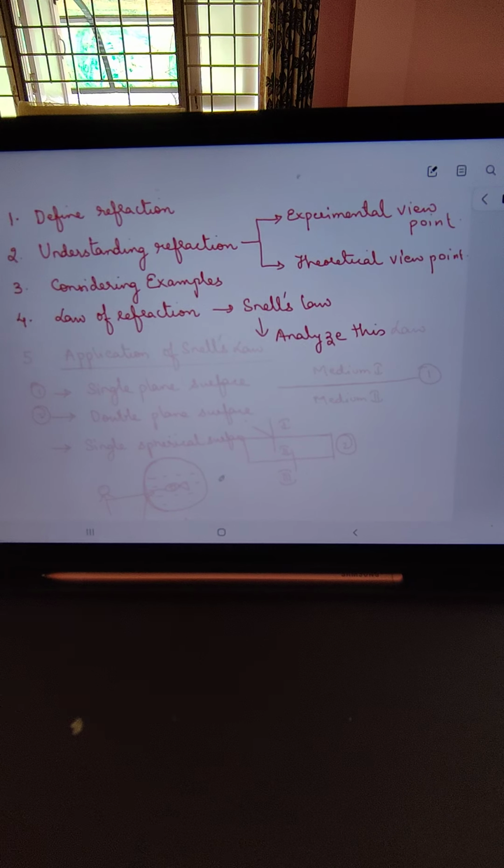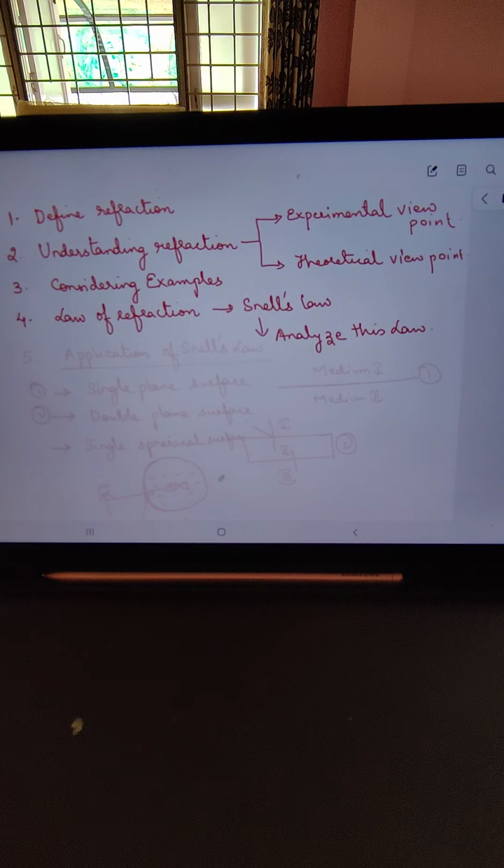What I mean is, analyzing this law is important because you are going to apply this law when you study the exact phenomenon relating to refraction, right? So first let us be clear with this law. What does this law stand for? Okay, and then we can move on to applying this law.